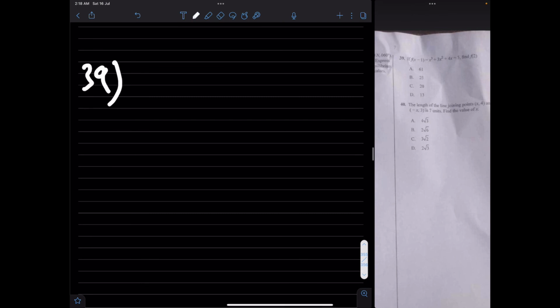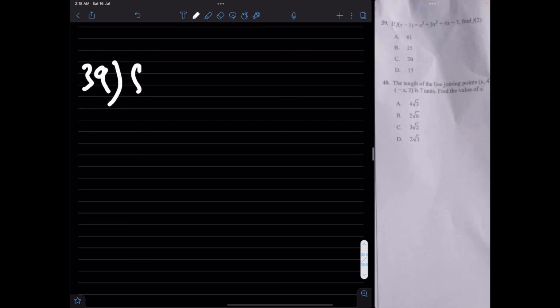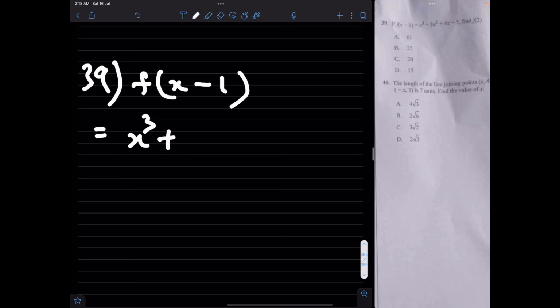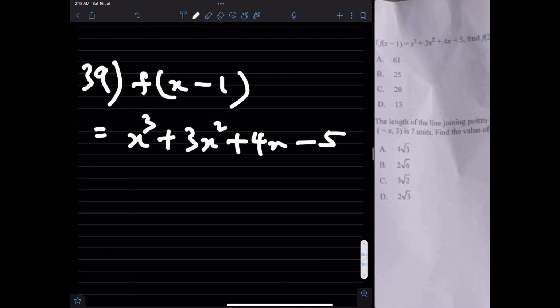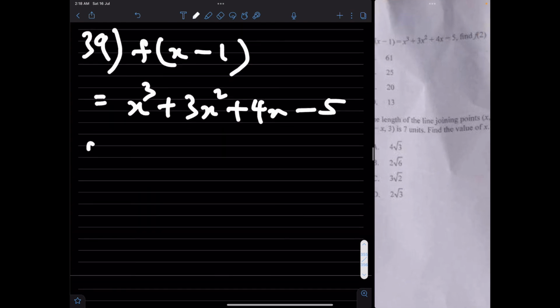Number 39. If f of x minus 1 equals x cubed plus 3x squared plus 4x minus 5, find f of 2.